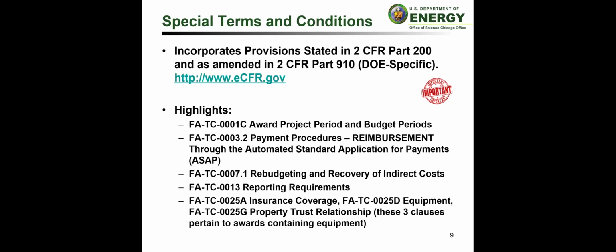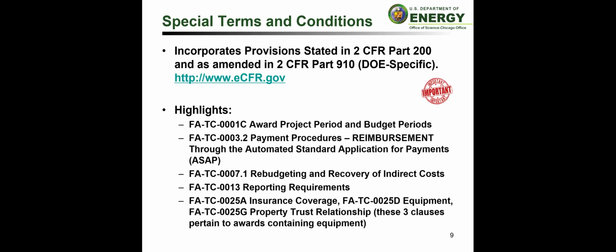The special terms and conditions is a document that's used to promote uniformity in DOE financial assistance and ensure that awards include the appropriate terms and conditions. As a result, clauses contained in your SBIR STTR award are often the ones found in other types of awards.